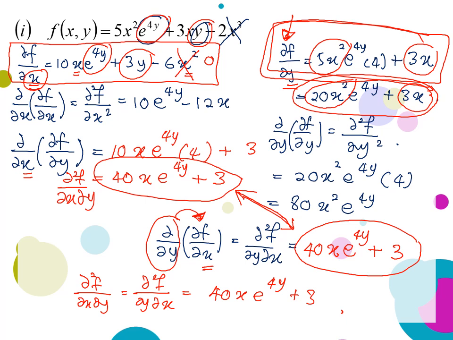If you were asked to find the derivative for both mixed partials, you can just find one, and say that since the property of mixed partial derivatives says they are equal, without showing the steps of the second mixed partial, you can just declare that the answer is 40x exponent 4y plus 3.